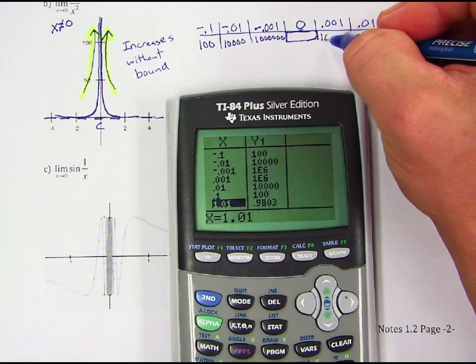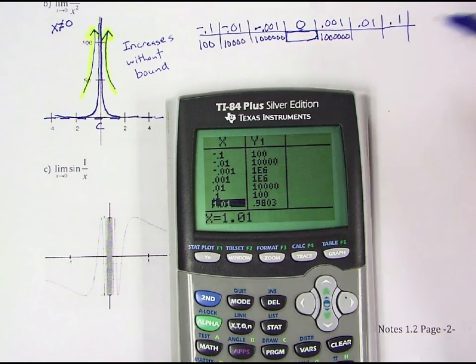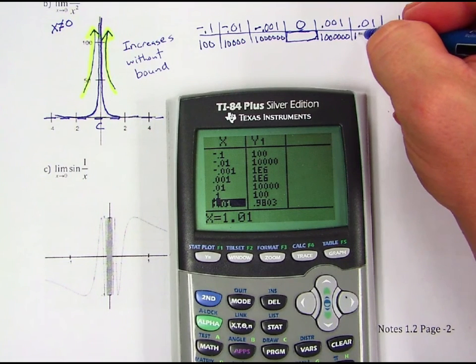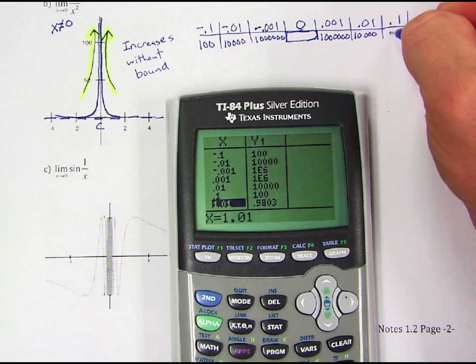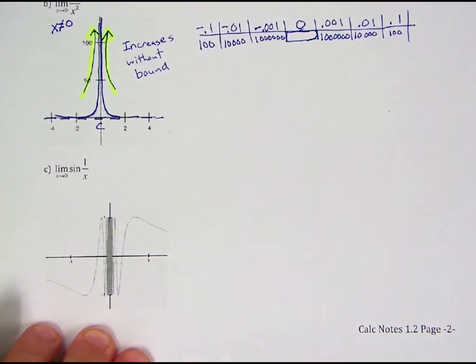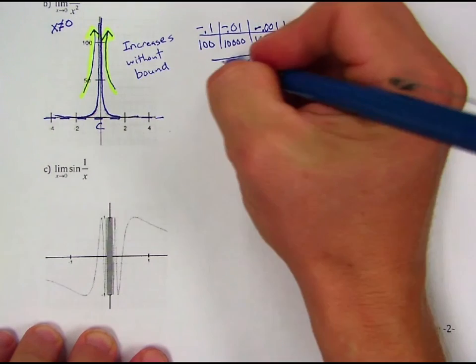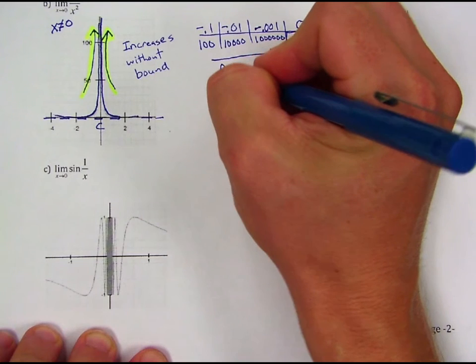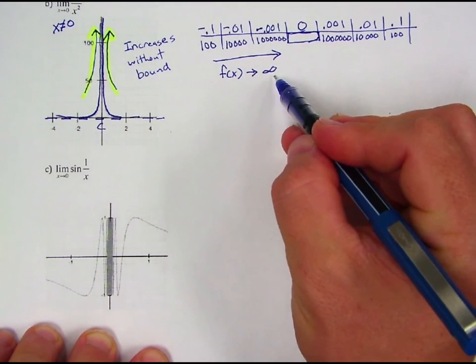So that's 1 with 6 zeros. .01 gives us 10,000. 0.1 gives us 100. So you can see f of x from the left side is increasing without bound. It's going to get larger and larger and larger. Goes to infinity.